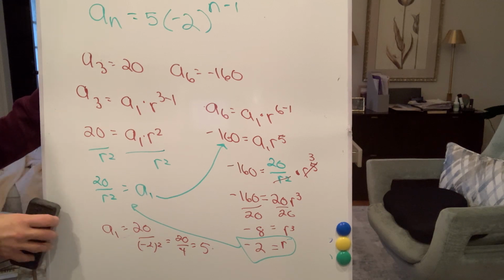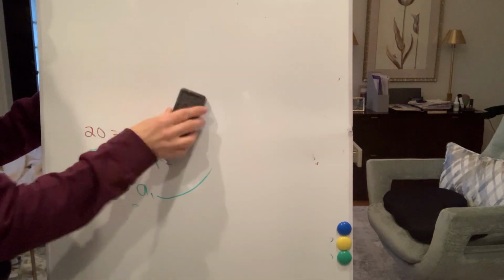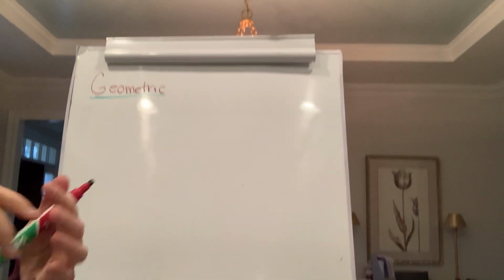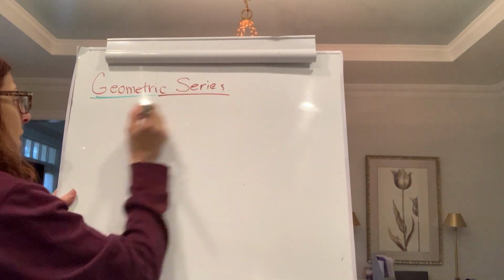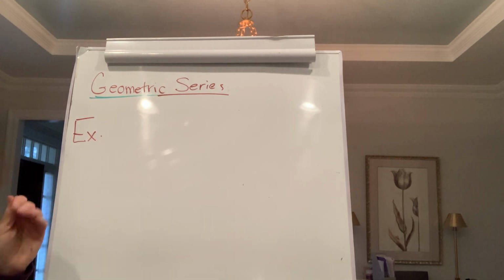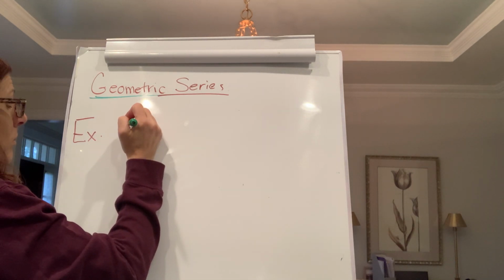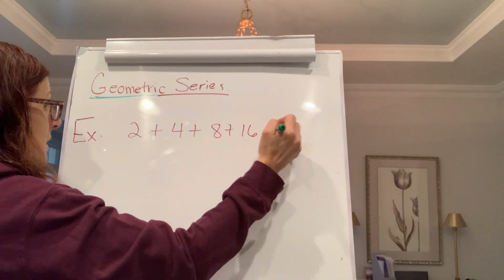We're going to move on, and we're going to talk about geometric series. So again, a geometric series is just when the terms of the sequence have a plus sign in between them. An example of a geometric series would be something like 2 plus 4 plus 8 plus 16.